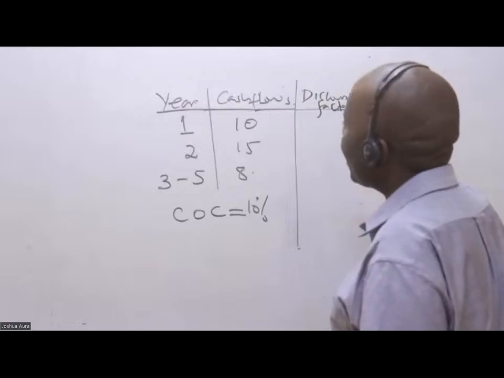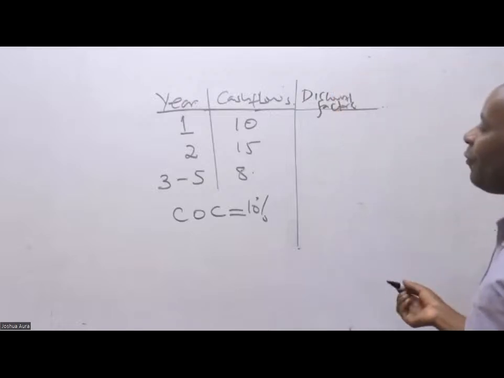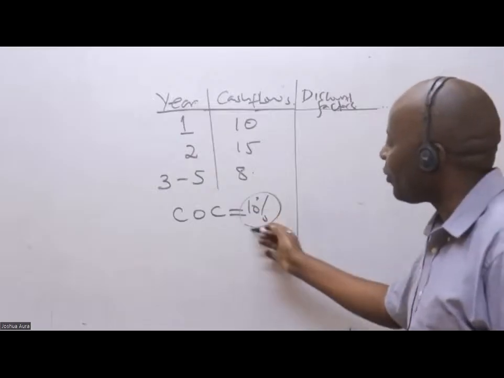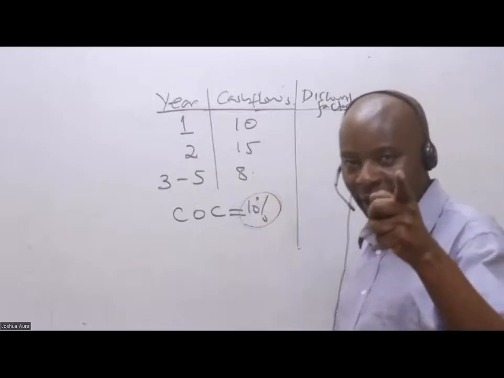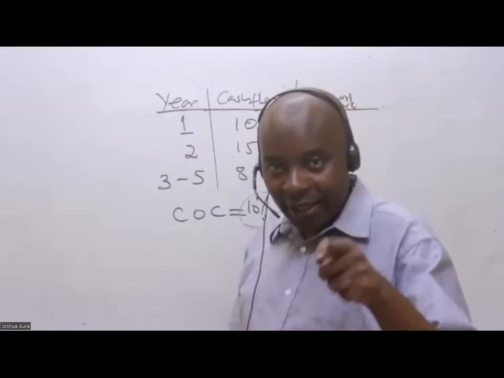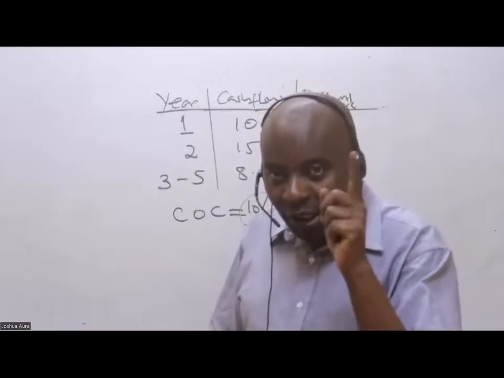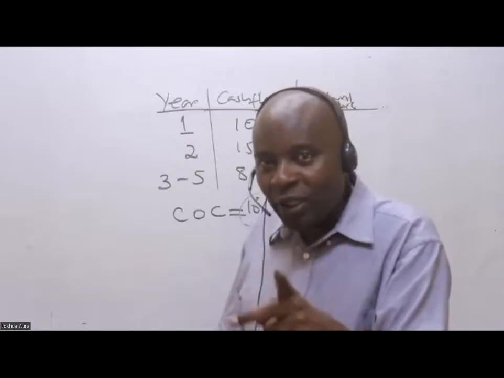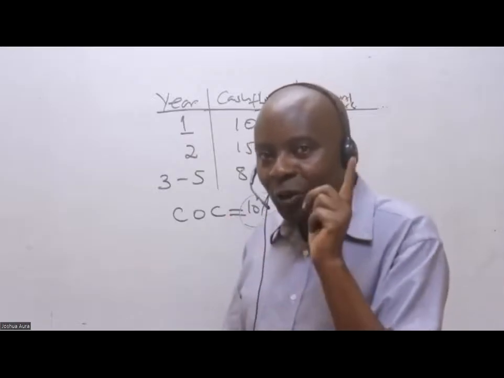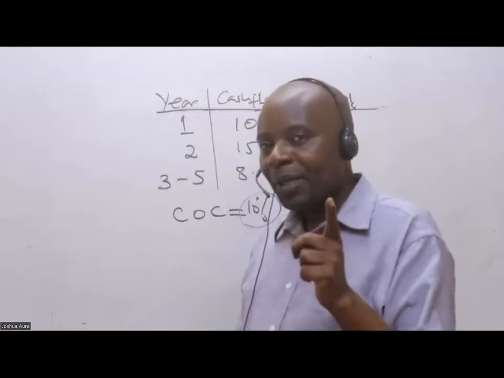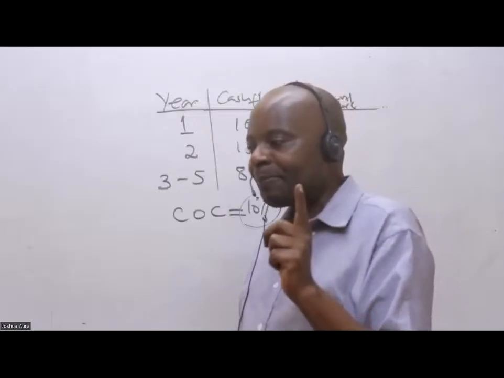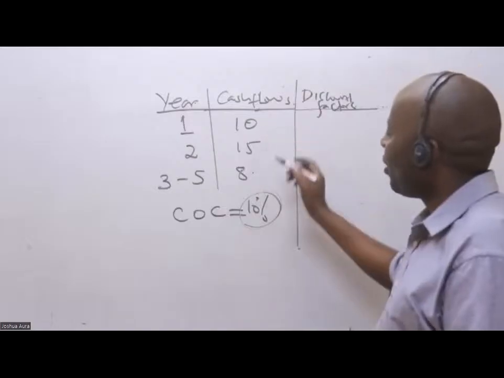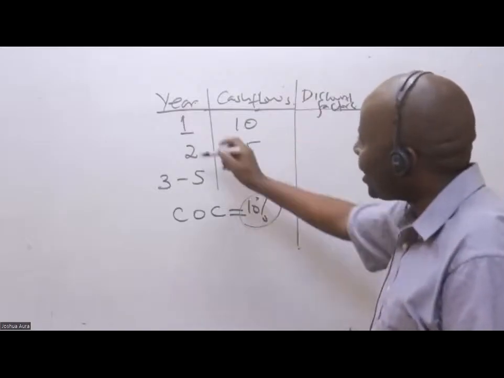Discount factors, ladies and gentlemen, fortunately for 10%, we have 10% in our tables, isn't it? Go to the discounting tables. There are 2 of them. There is one which does not have annuity, written lump sum. Is there somebody who is able to give us from that table 10% end of year 1?